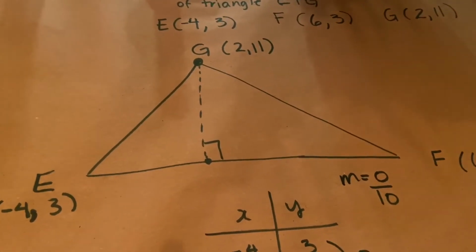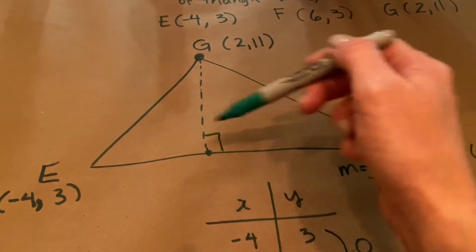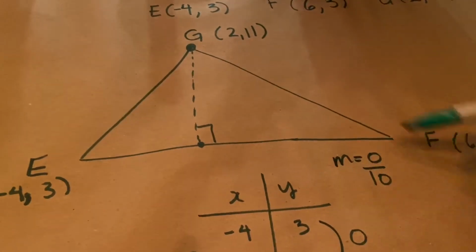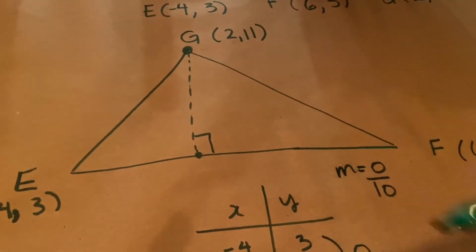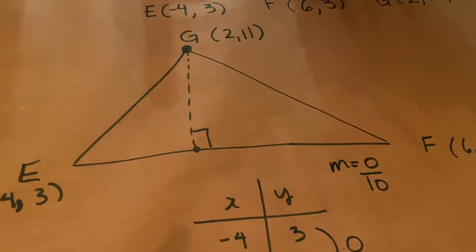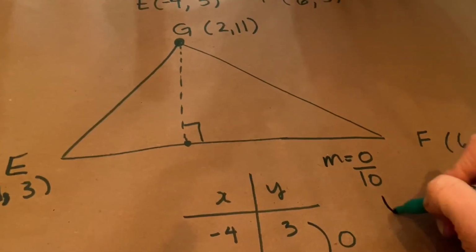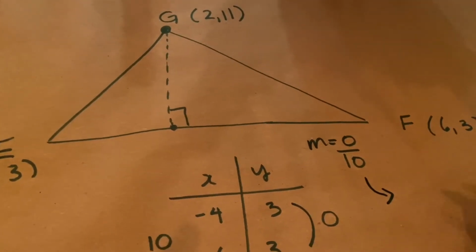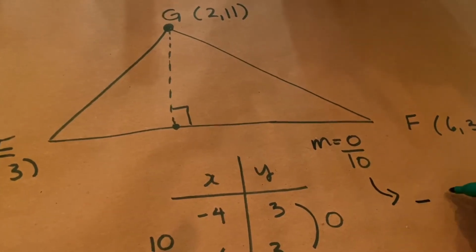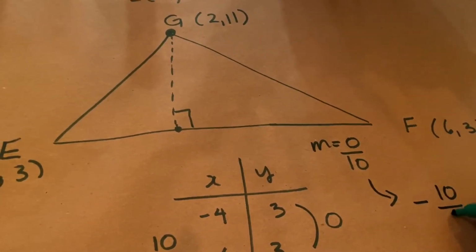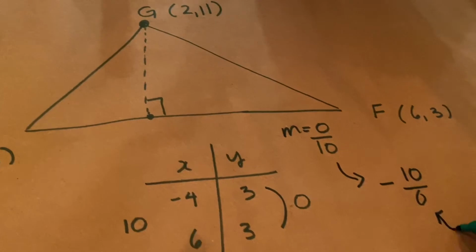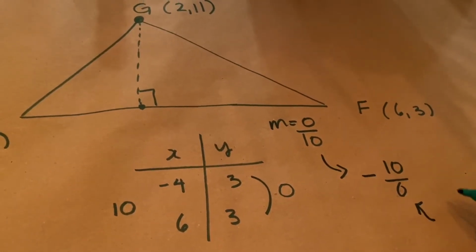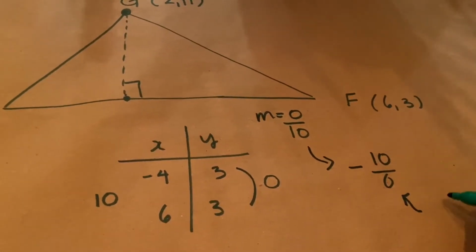the altitude, I know the altitude is at a 90 to this. 90 degrees means that the slope should be the negative reciprocal. But does that work in this example? Because in this example, if I take the negative reciprocal, I would have -10 divided by 0. If you try that with your calculator, what do you get when you do -10 divided by 0?